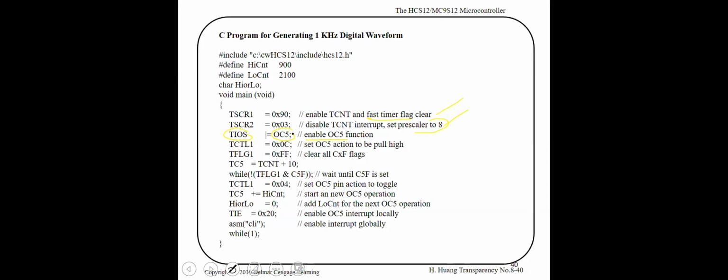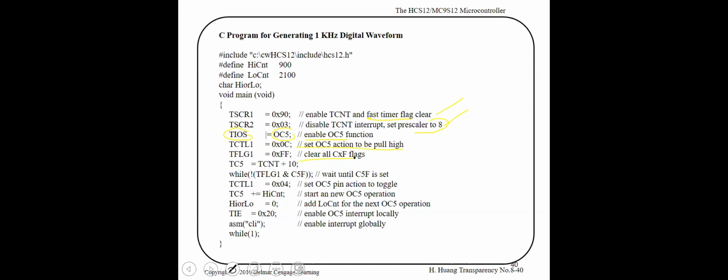This implies that bit number 5 will be set, while the remaining bits will be 0, to enable output compare on channel 5. Then we set OC5 to pull high, which is for the initialization only, to have some initial value for the pin.